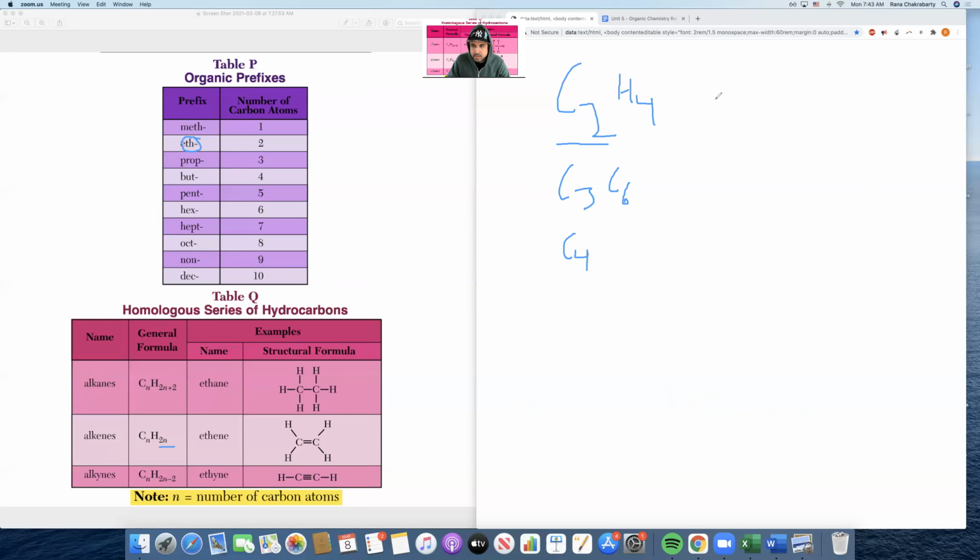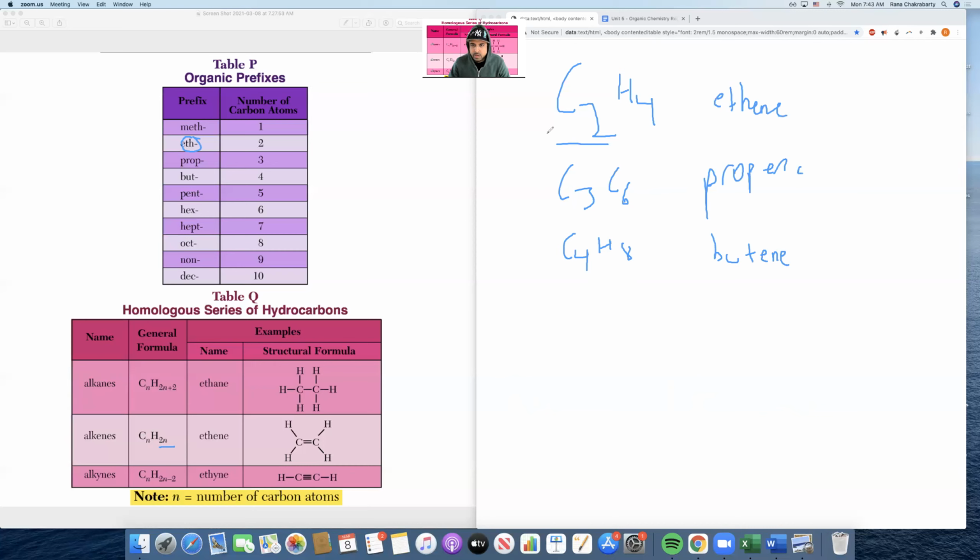So this would be ethene. This would be propene. This would be C4H8, which would be butene. It's a little more complicated than this, but I want to make this video short.